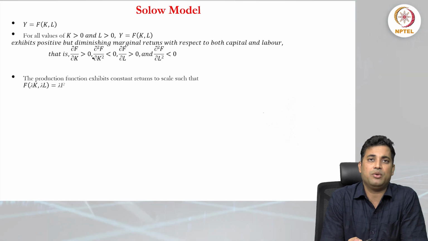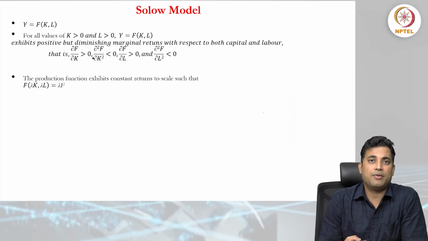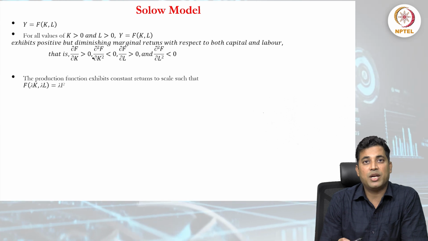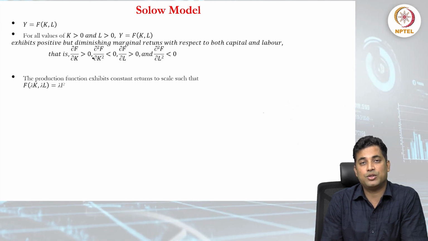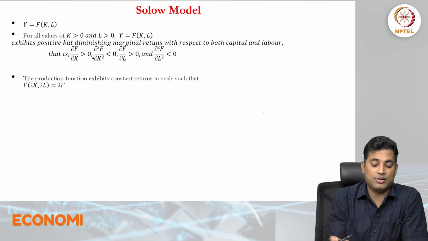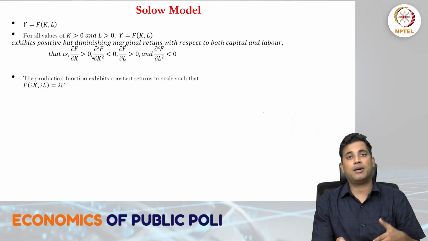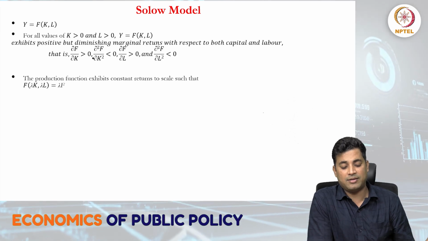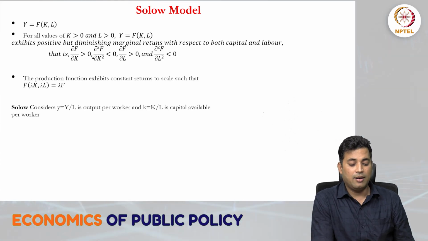Lambda could be any value. If labor and capital are increased by 2 units, then output also will be increased by 2 units. So here lambda is 2. This is the assumption which exhibits constant returns to scale.